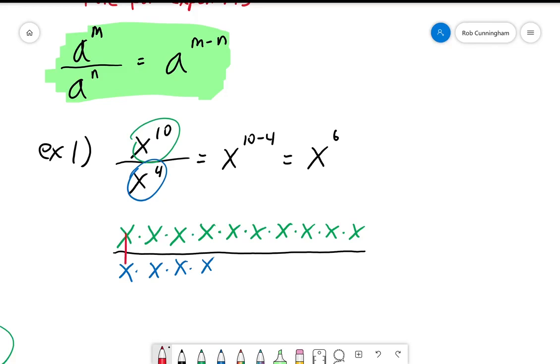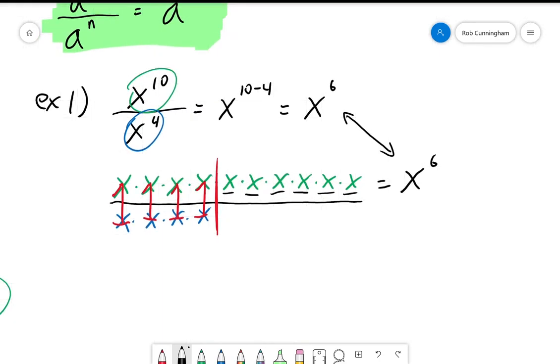This x over x right here, that's just 1, right? I prefer to say that it's 1 rather than it cancels out, because if they all cancel out, there's still a 1 there. But this x over x is also 1. This x over x is also 1. This x over x is also 1. So now that we've sectioned off all of these 1's, what do we have left? X to the 1, 2, 3, 4, 5, 6. So that's why the quotient rule works.